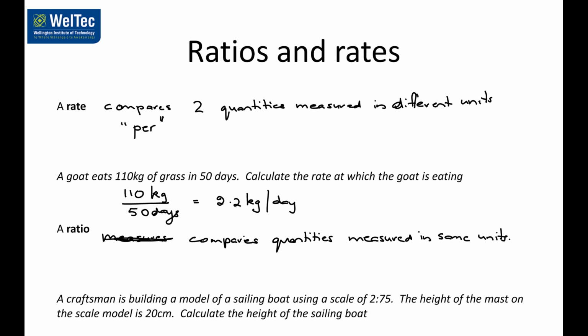The height of the mast on the model is 20 centimetres. So what is it in actual fact? So we've got a ratio of 2 to 75. So that's the same as 20 to 750. Now this is all in centimetres, so therefore the height is either 750 centimetres or 7.5 metres.